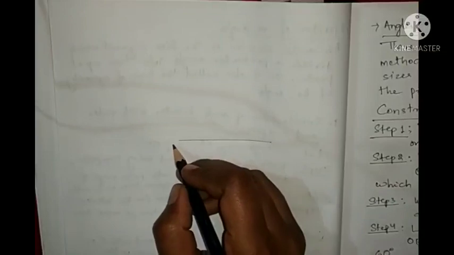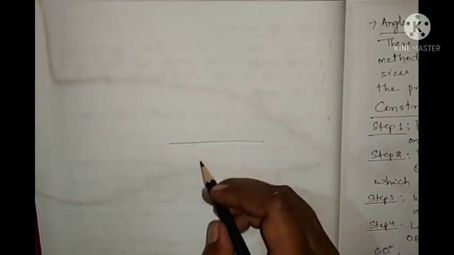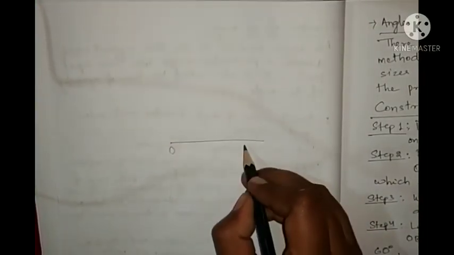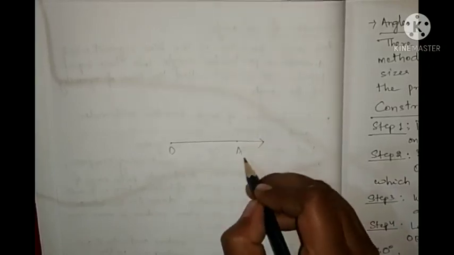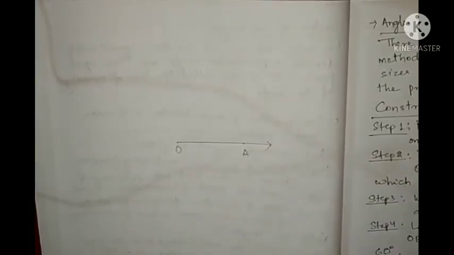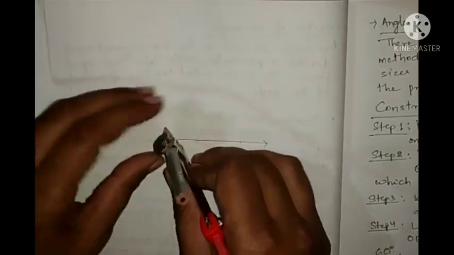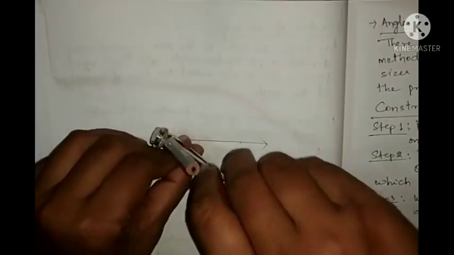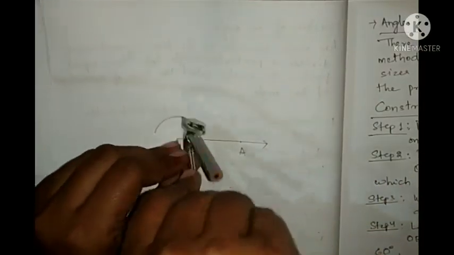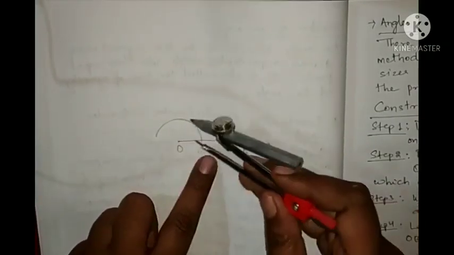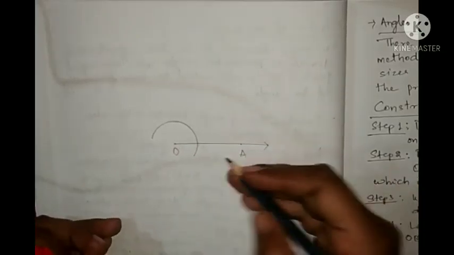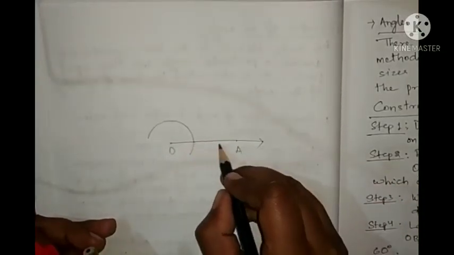Then put points O, A. Then on O take an arc like this. Make a big arc on one end point. Then you will get a point on this line.